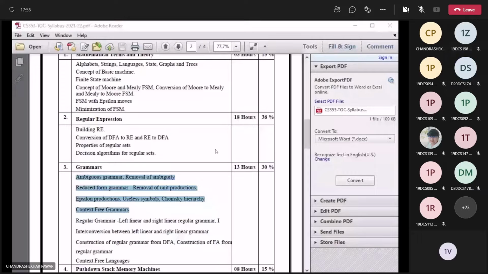Sir, paper style. Okay, paper style we will decide when you are coming here for the offline lectures, because it is not fixed.